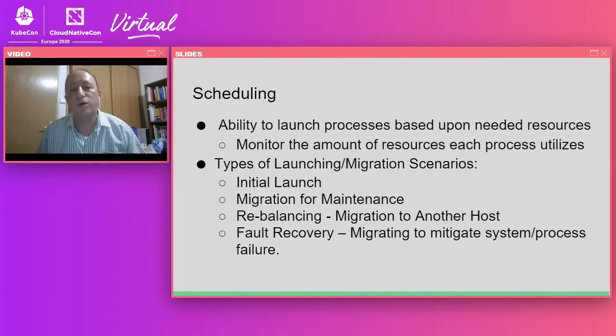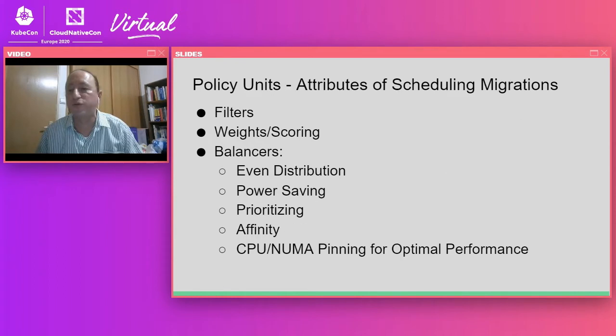You can migrate the processes from one host to another. There's rebalancing opportunities, migrating to another host in order to have better load balancing. And for fault recovery, migrating to mitigate the system process failures.